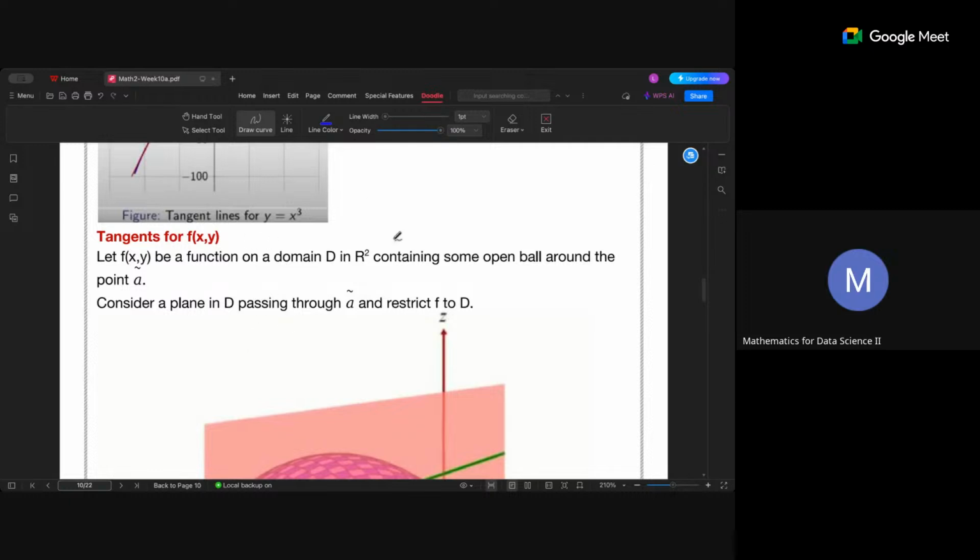Maybe the plane I will call it as L. Okay, this plane I am calling it as L, or maybe plane P. I guess L is fine. So this is your L. Okay, so I am going to restrict this function to just a plane.